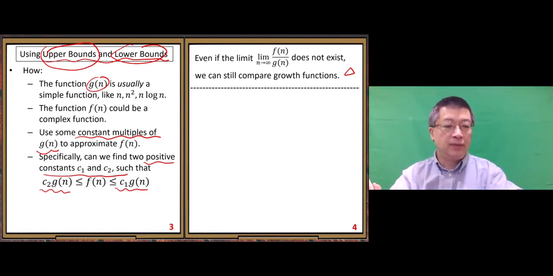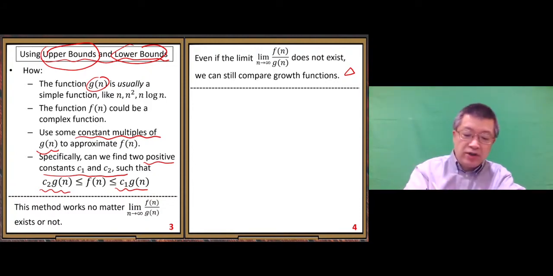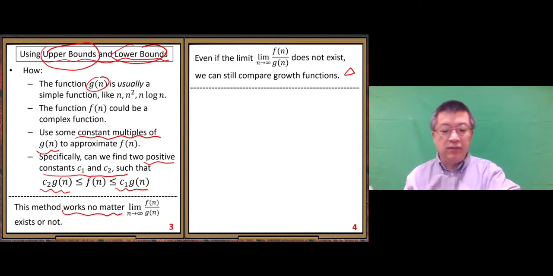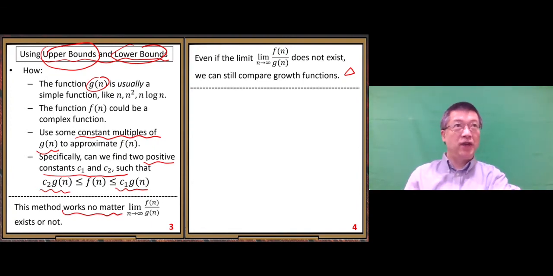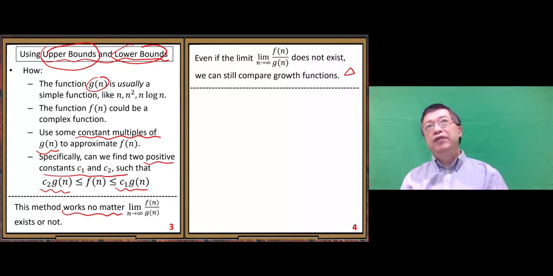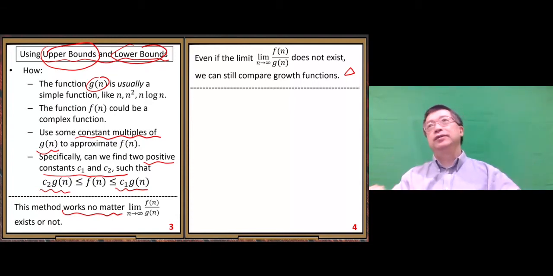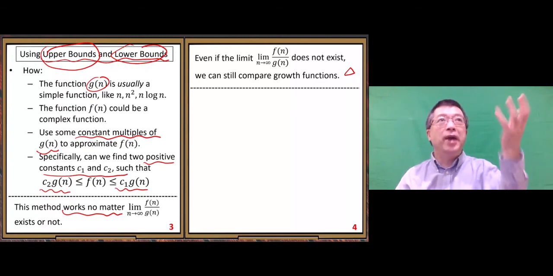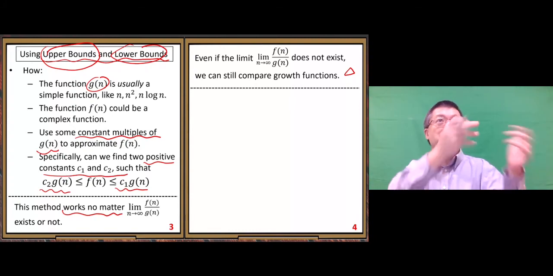Another observation: this method works no matter whether the limit exists or not. If the limit exists, this method still works. If you can find an upper bound and a lower bound, you can still make your conclusion. If the limit method does not work, this method can still work. Even better, because when the limit method does not work, you can only try this method.